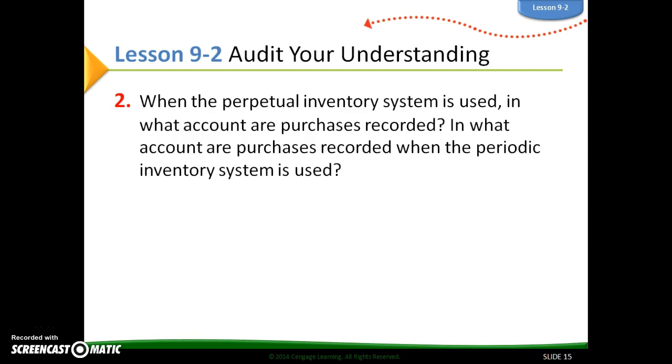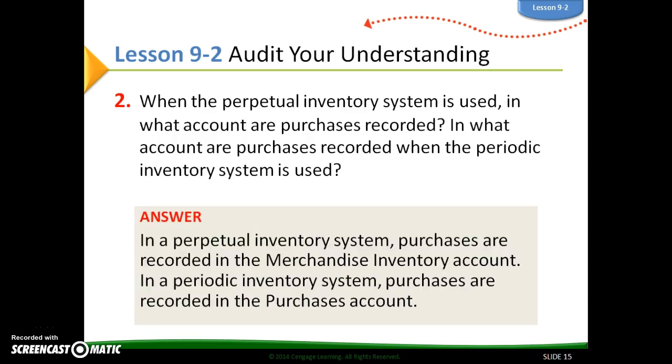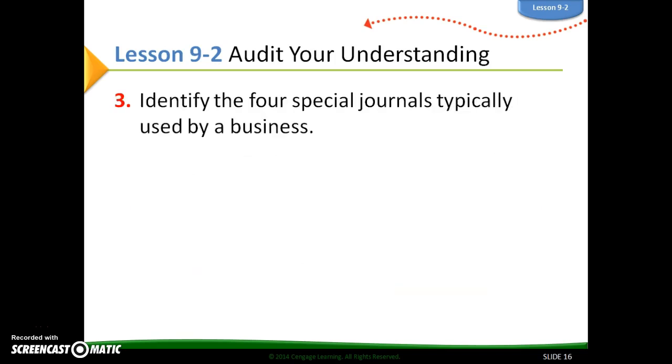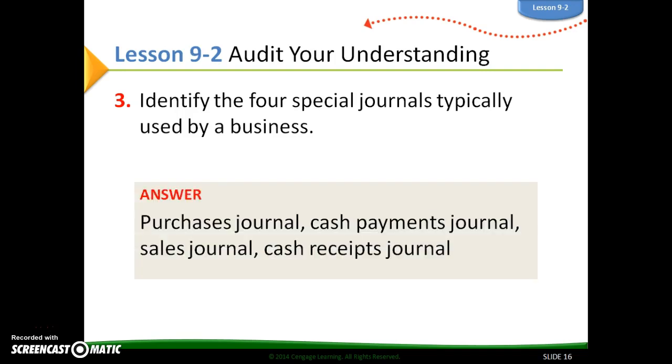And in the periodic inventory system, then we're going to record our purchases in the purchases account. Okay, so identify 4 special journals typically used by a business. The 4 that are special would be the purchases journal, cash payments journal, sales journal, and cash receipts journal. Everything else goes then in the general journal.